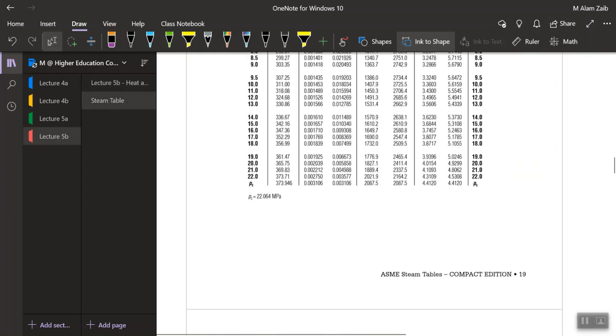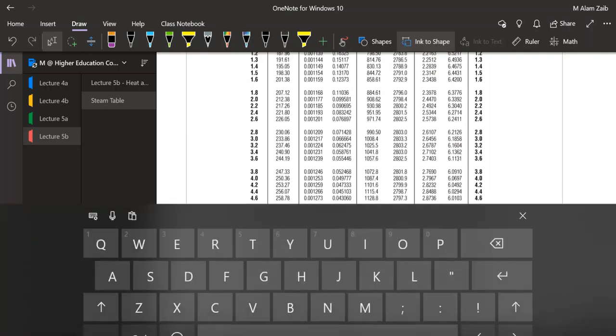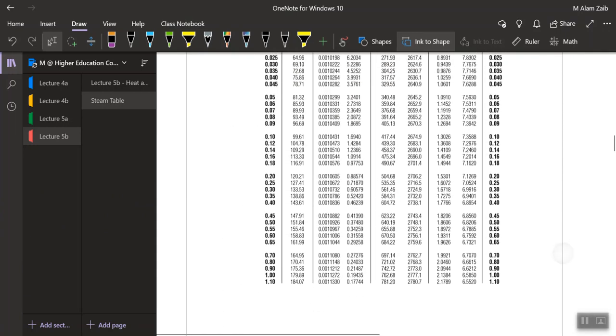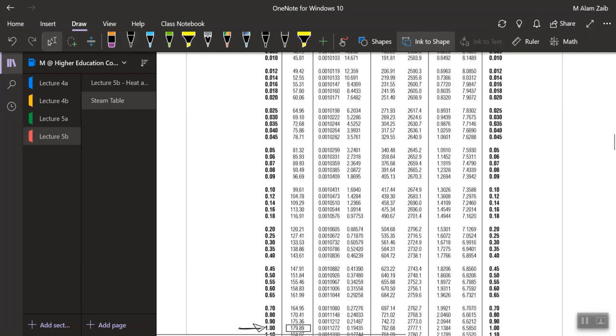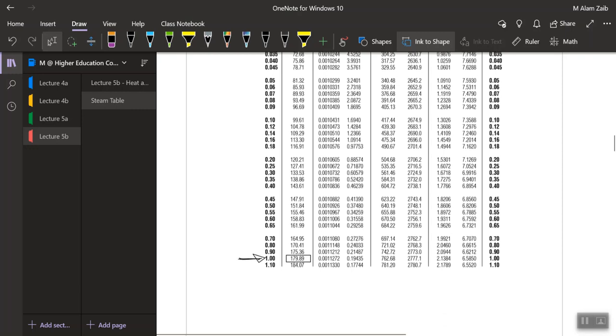Moving to the saturated steam table, 1 megapascal is somewhere here, and corresponding to 1 megapascal the temperature is 179.89. Since our given temperature of 500 degrees centigrade is higher, we would be in a superheated condition.